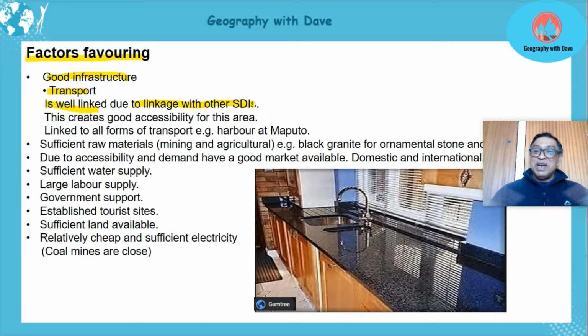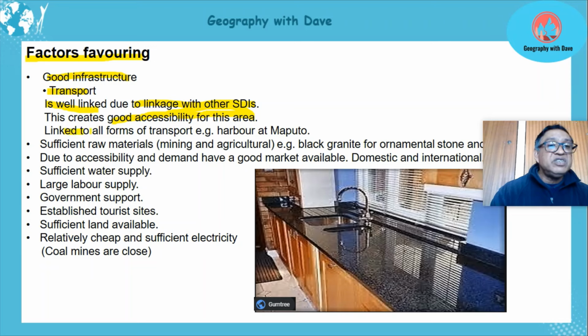Brilliant. There's a slight distance to the harbor, but if you've got beautiful roads, rail, etc., taking you there, it's still good. It creates accessibility for this area, as we've learned. Businesses want to come there because they know they can send their goods out with beautifully built transport networks.